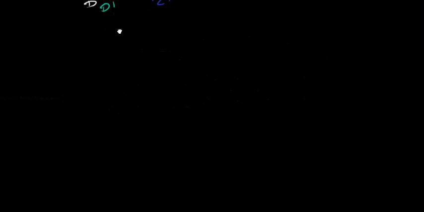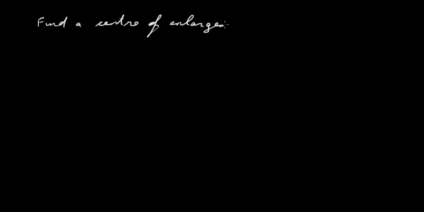let's look at another example. This time all we want to do is find a center of enlargement. So we're going to find a center of enlargement now. So let's say we have two triangles.